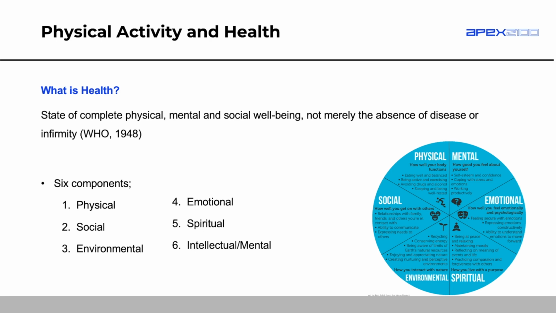We have spiritual health, so I like to think about religion here. So people who are religious tend to have some sort of direction and purpose, as well as ethics and morals and values that contribute to our overall health as well. And then there's intellectual and mental health, which is our ability to cope with the demands of daily life. So 6 basic components of health.